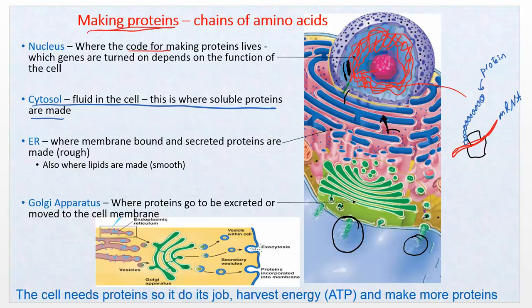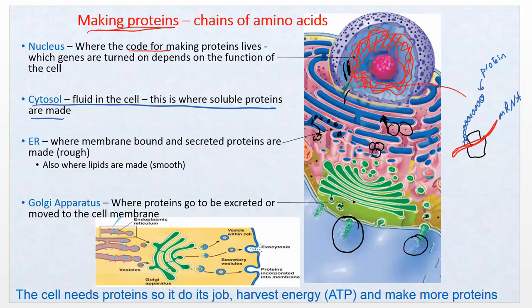So that means the ribosome itself has to stick to it, and that's where we get into rough endoplasmic reticulum. You can see these ribosomes, there are some right there, and that's why we call it rough, because it's got these ribosomes sticking to it. These ribosomes are just injecting the protein that's being made directly into the ER.